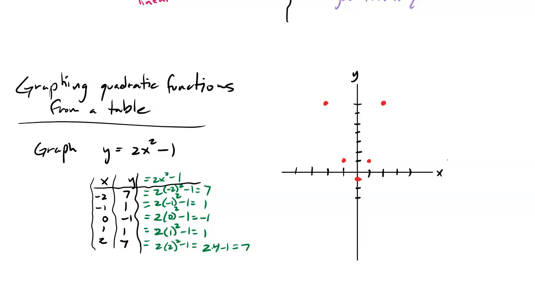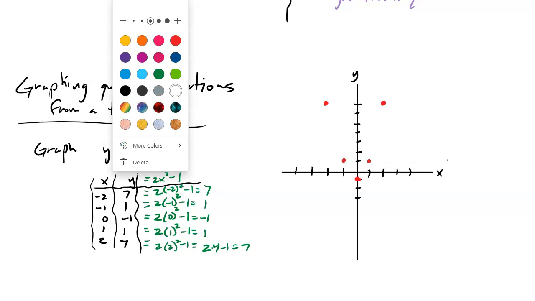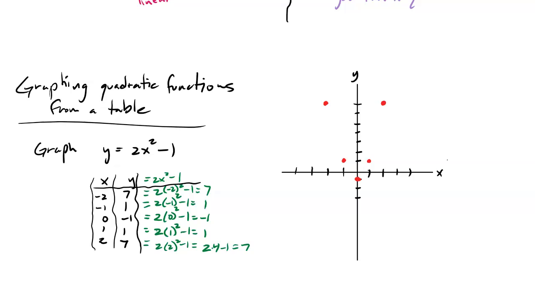They're going to make a U shape. So I'll just kind of follow the points to make a U shape. Which shouldn't be hard, but I always have a really hard time drawing them. So that would be this graph.